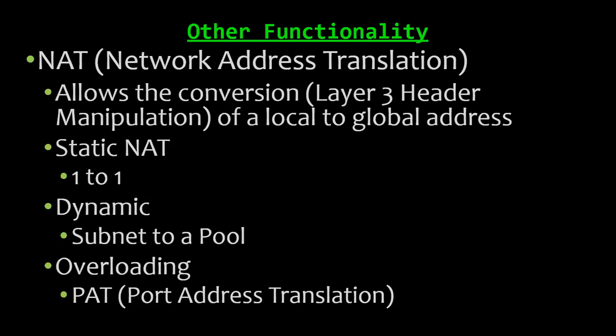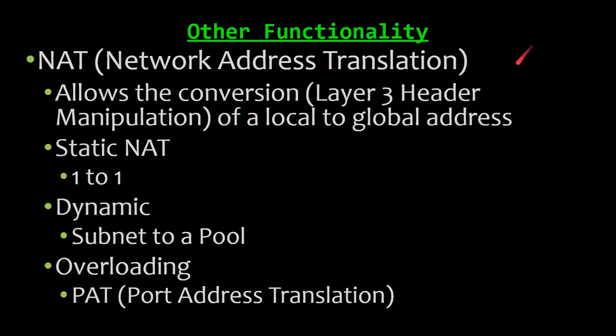Fun fact: you can fully manipulate a packet. But NAT allows you to change either the source or destination. If it's outgoing traffic, it's usually the source. If it's incoming traffic, it's usually the destination. You only change one of them in the simple world, but with static NAT, you're doing a one-to-one translation.